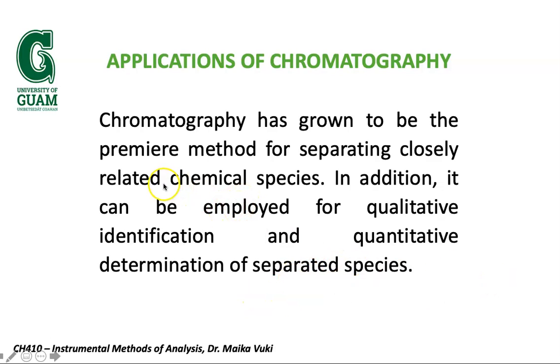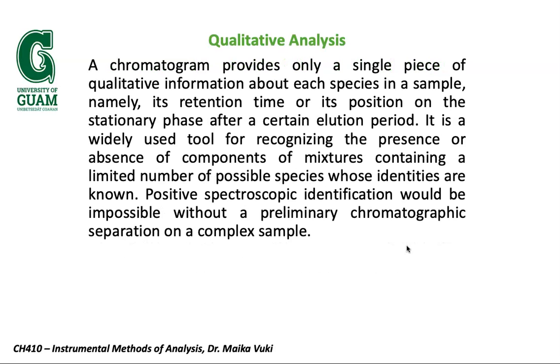So chromatography has grown to be a premier method for separating closely related chemical species. It can be used for qualitative analysis, and also for determination of quantities in the separation technique.